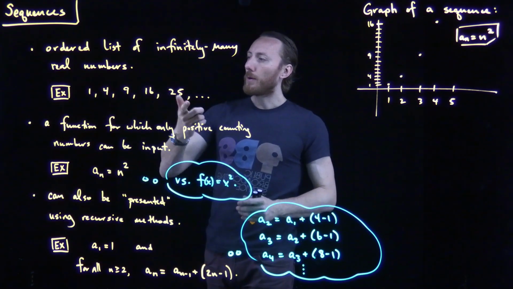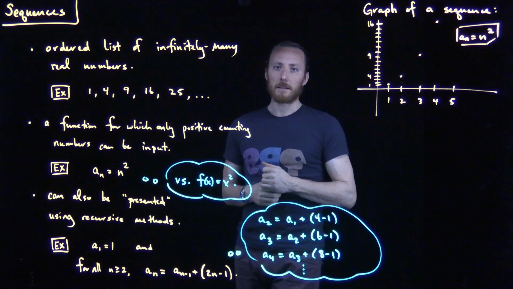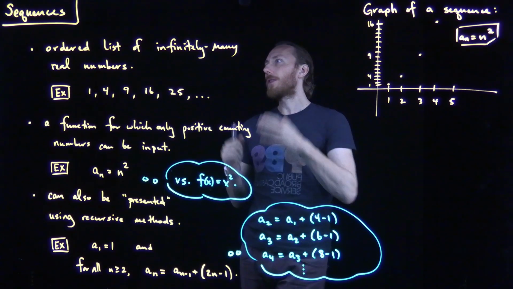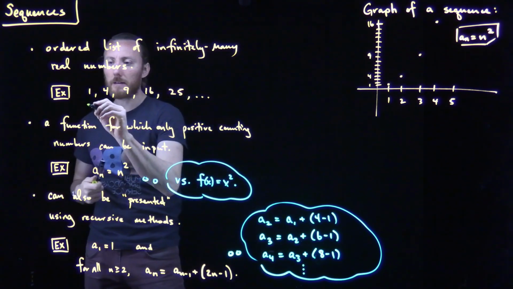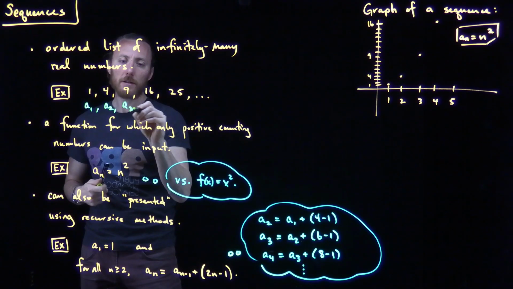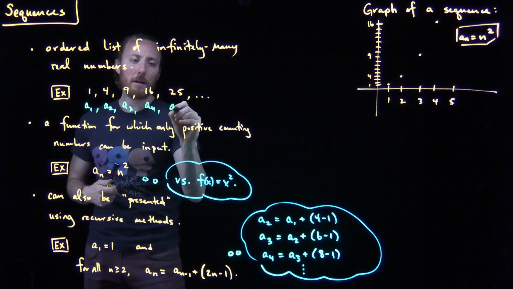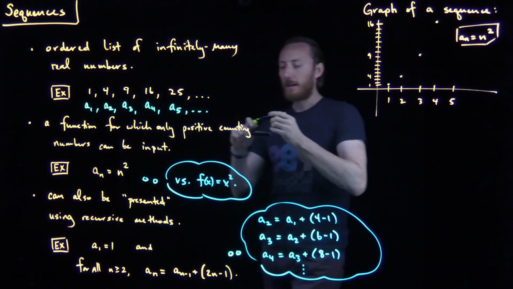And you would actually get out the exact sequence of numbers that was above: 1, 4, 9, 16, 25, and so on. So you can think of an ordered list of infinitely many numbers as the first number in the list being your a1, the second being a2, the third being a3, the fourth being a4, the fifth being a5, and so on.